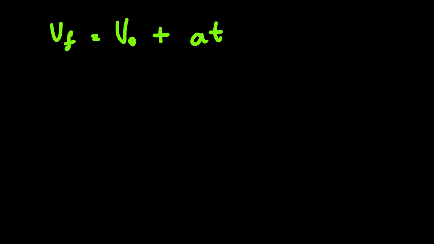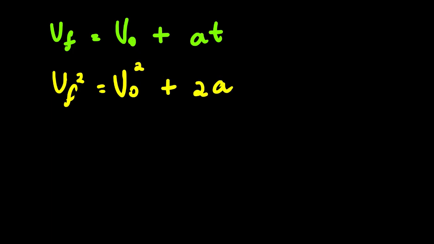And then we also have another equation, which is Vf squared equals V initial squared plus 2a displacement. In our case, we have distance. So our final velocity, we know very well, is 4.00 squared.